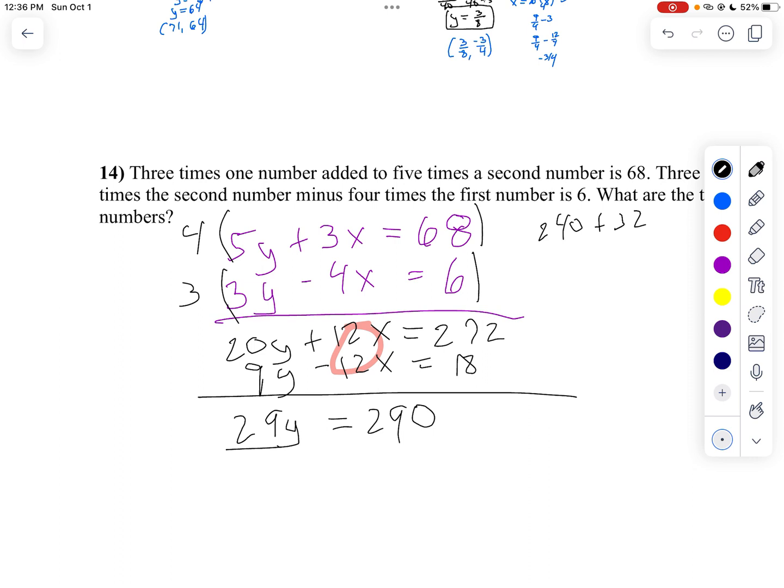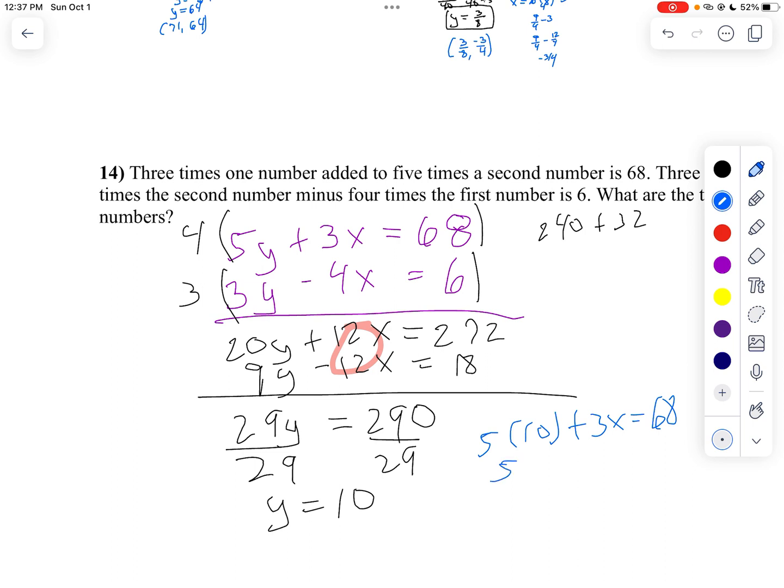I'll divide both sides by 29. y gives me 10. And so my second number is 10. Let's go back and find my first number. Let's use our first equation. So 5 times 10 plus 3x equals 68.